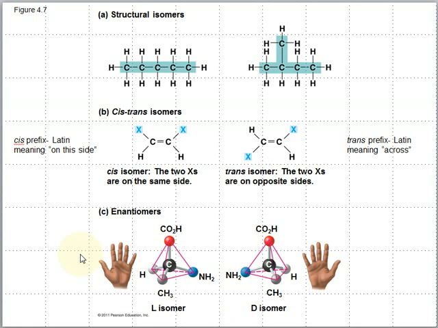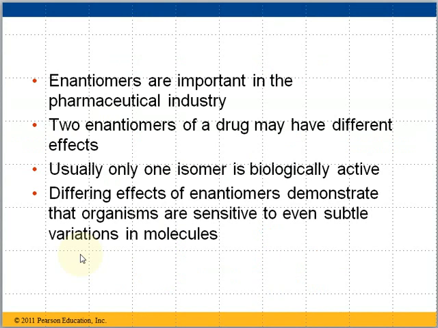So even though they are the same layout, they are mirrored, and that does have a big effect. As a matter of fact, that has a very cool effect when it comes to drug use, as far as medical use for different drugs. These enantiomers are pretty important in the pharmaceutical industry because you can have a drug made up of a certain compound, and it'll have different enantiomers, a left and a right, and often only one of these versions is effective and one of them is not.